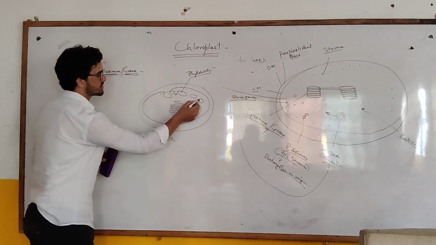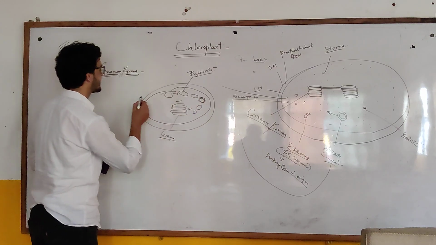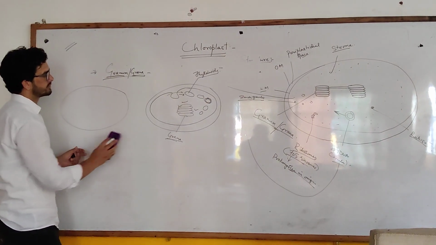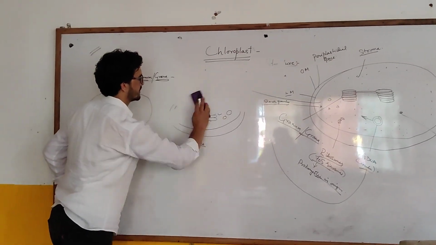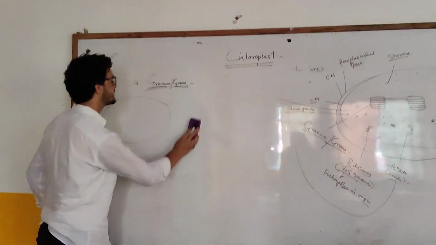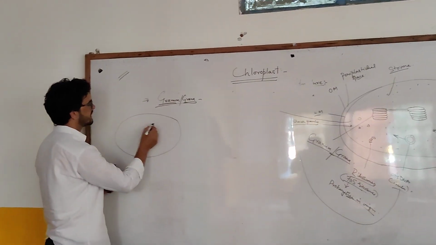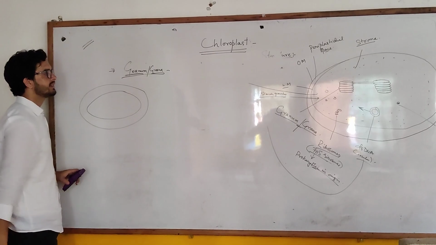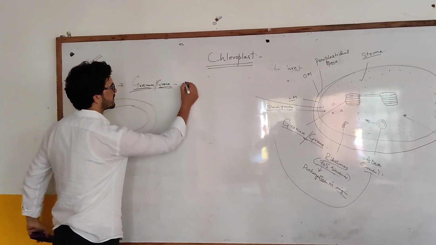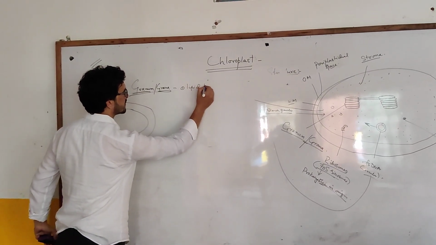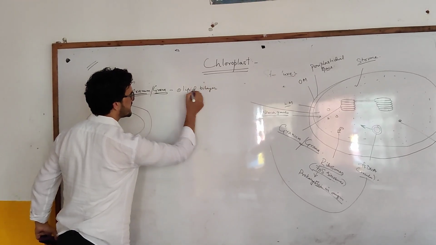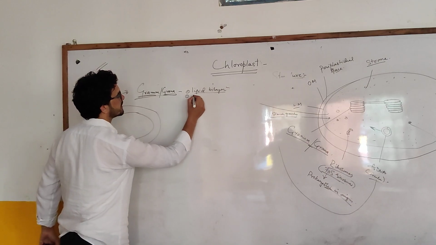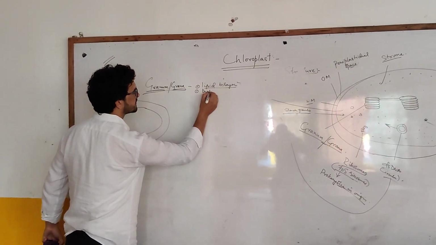Coming to the structure of a single thylakoid. When we study a single thylakoid, it is a lipid bilayer structure. Fine? This membrane is a lipid bilayer. It is mainly a site of the light reaction.